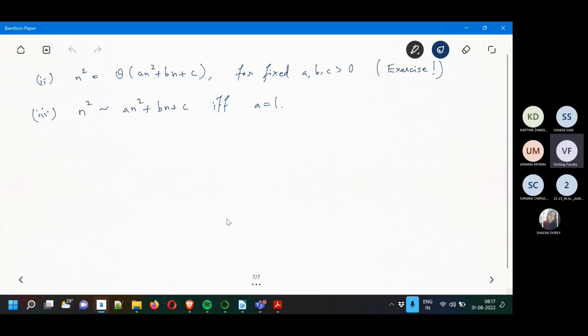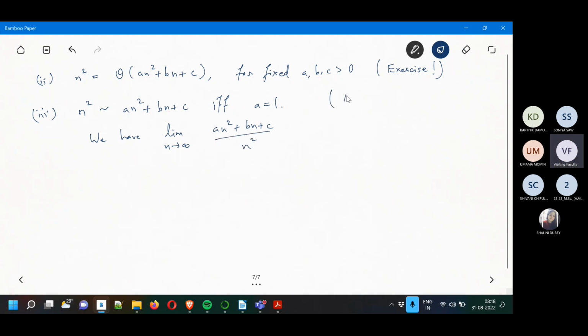So in this case, instead of taking the limit of n square by an square plus bn plus c, it is easier to take an square plus bn plus c divided by n square. Much easier, right? So what happens here? We have limit n tending to infinity, an square plus bn plus c divided by n square.